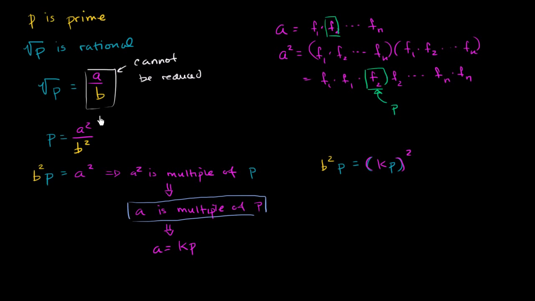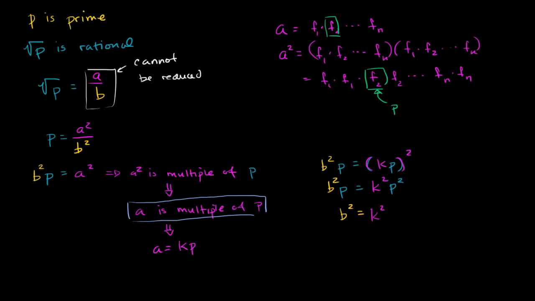And so if we were to multiply this out, we get b squared times p, and you probably see where this is going, is equal to k squared times p squared. We could divide both sides by p, and we get b squared is equal to p times k squared, or k squared times p.